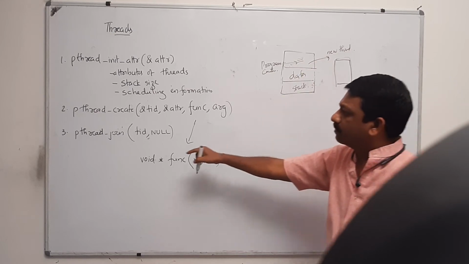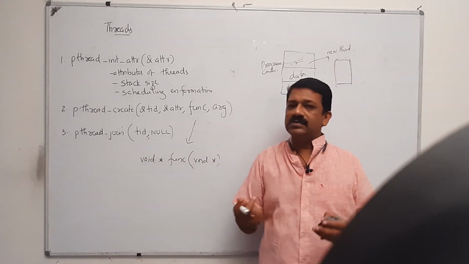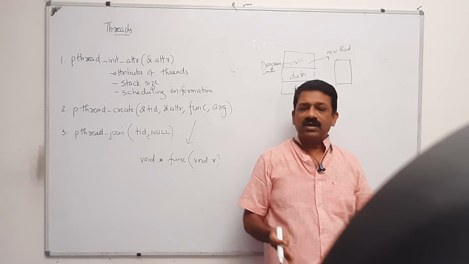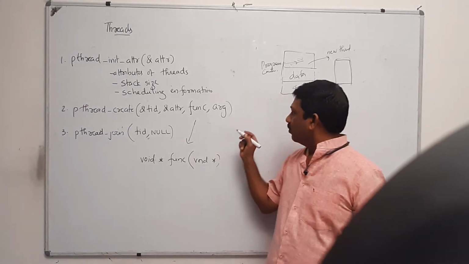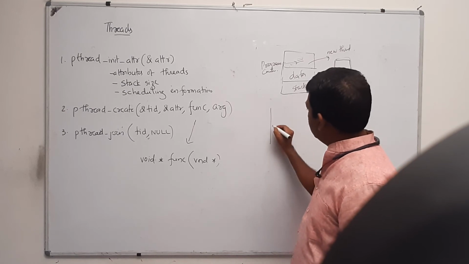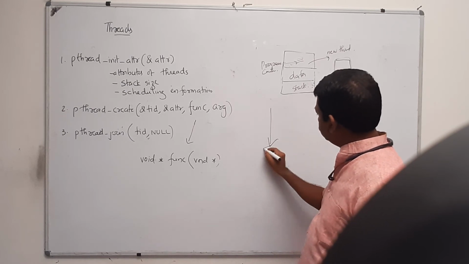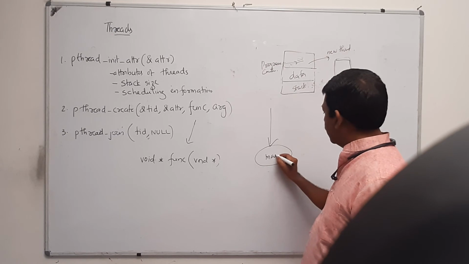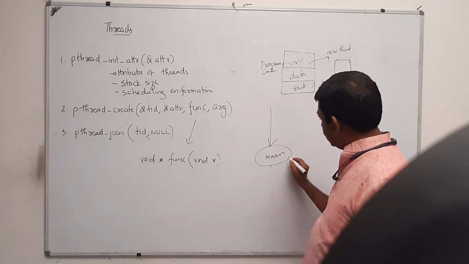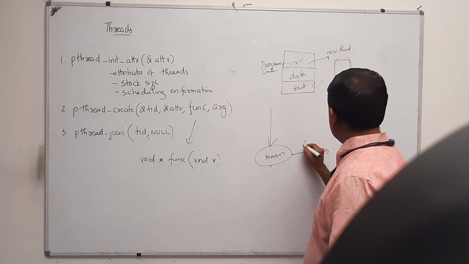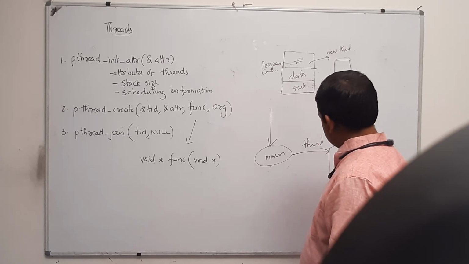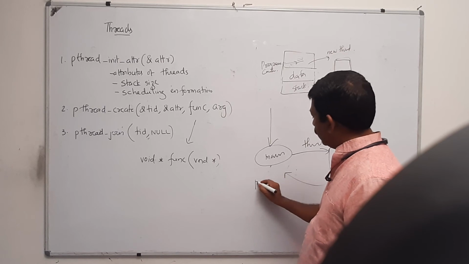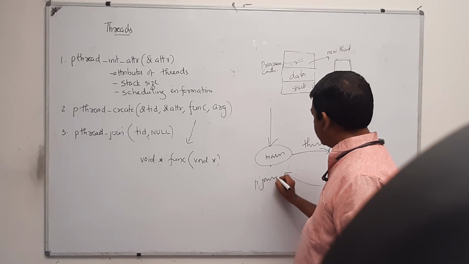Once you have a thread, here you are going to have a pthread_join command. That means the main program is waiting for the thread to be completed. This is the main program, and here a thread is created, and this is the thread, and this is coming back. Here you have a join command.